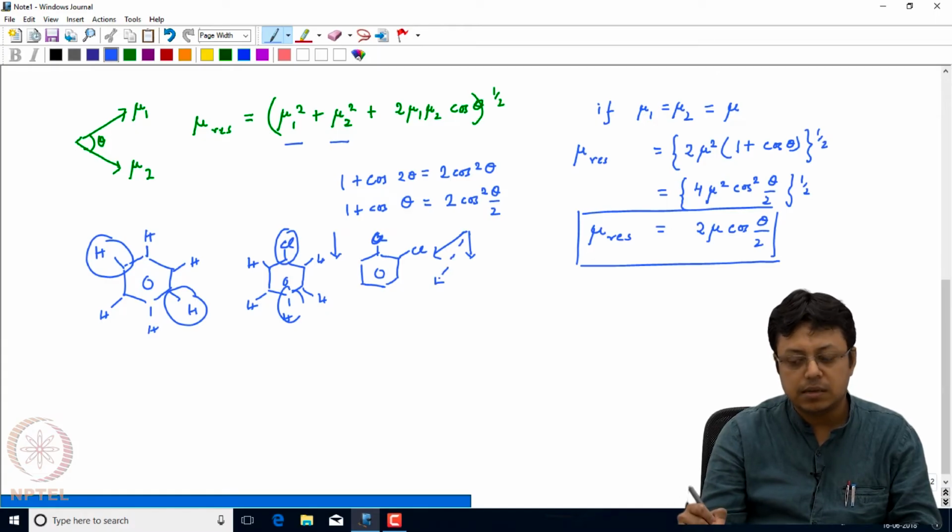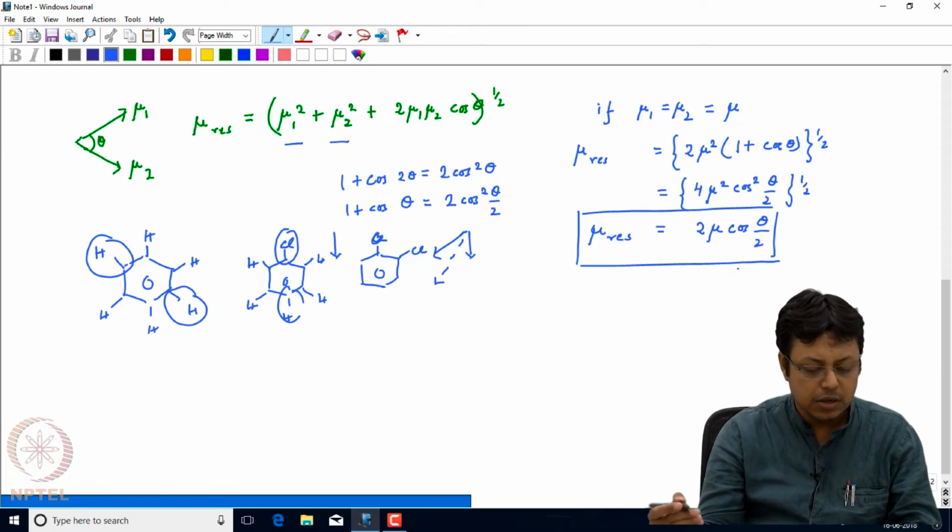So how do you find it? This is also very easy to understand, because as you can see the angle between them will be nothing but 60 degrees. So the resultant will be 2 mu cosine 60 degrees by 2, or 2 mu cos 30 degrees.